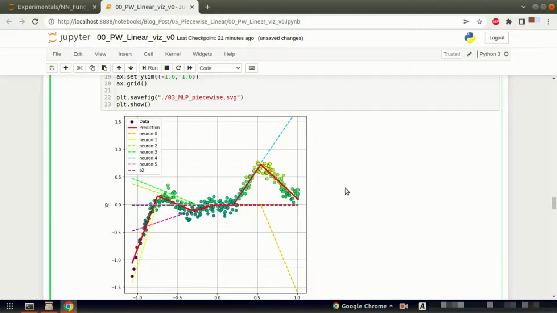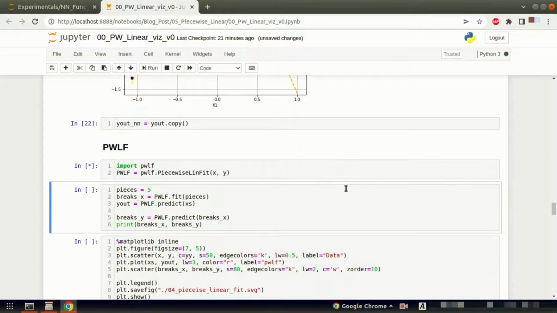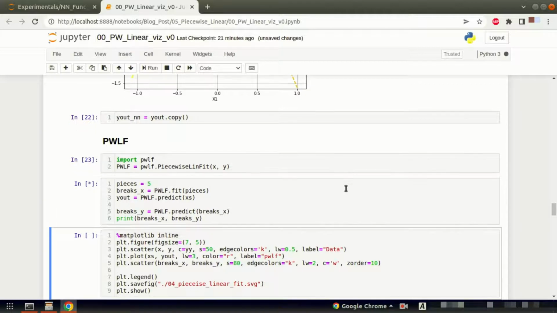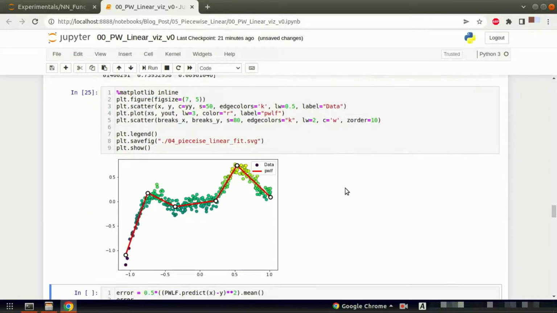So let's see how PWLF, piecewise linear fit, works. Piecewise linear fit works with different kind of optimization, and here we want 5 pieces. So it is fitting now, so we can see how the plot looks, and it has fitted the chord with these breaking points and the line connecting them.